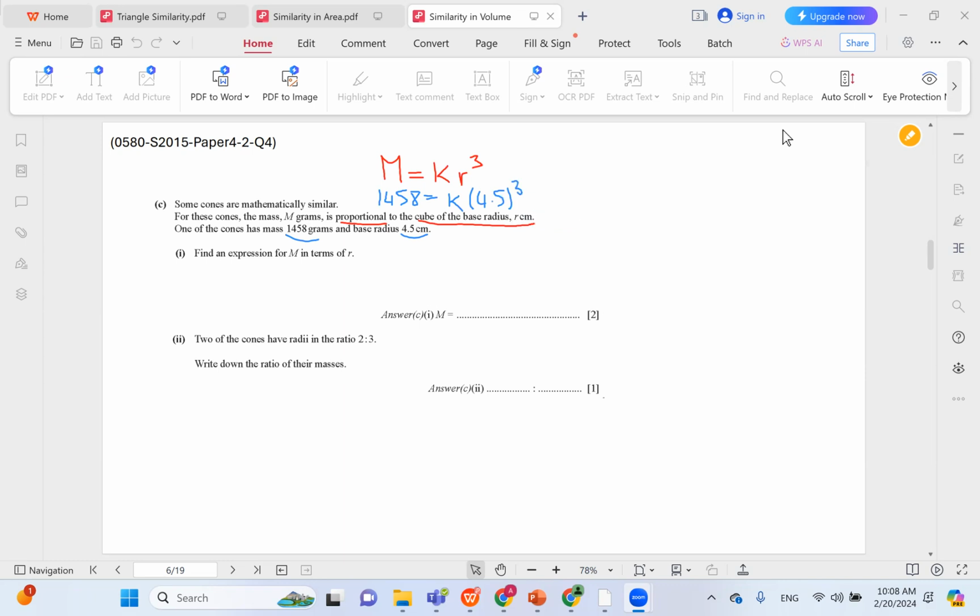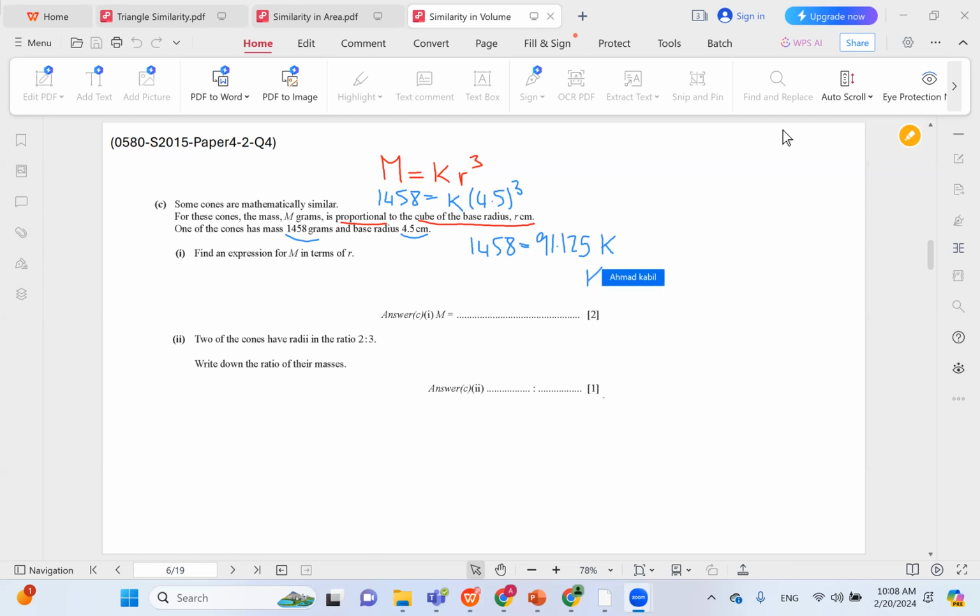4.5 to the power of 3 gives us 91.125. So therefore, 1,458 equals 91.125 multiplied by k.